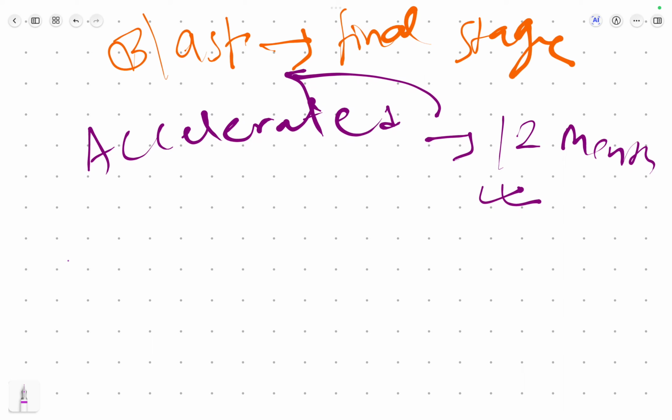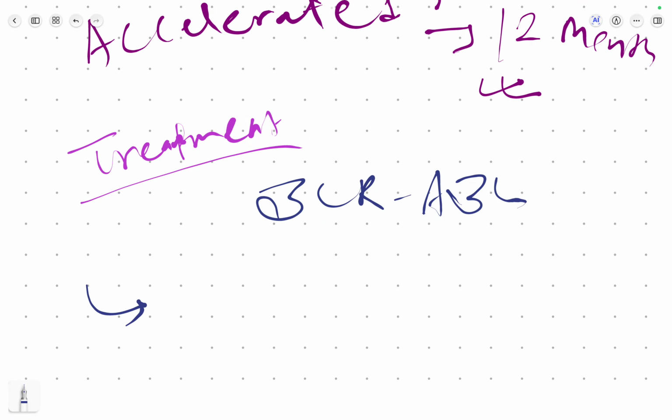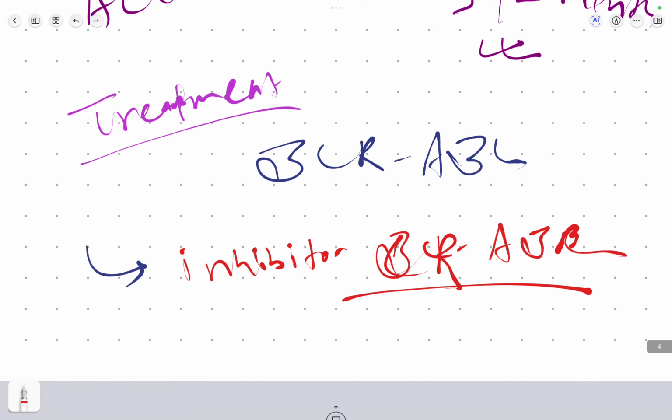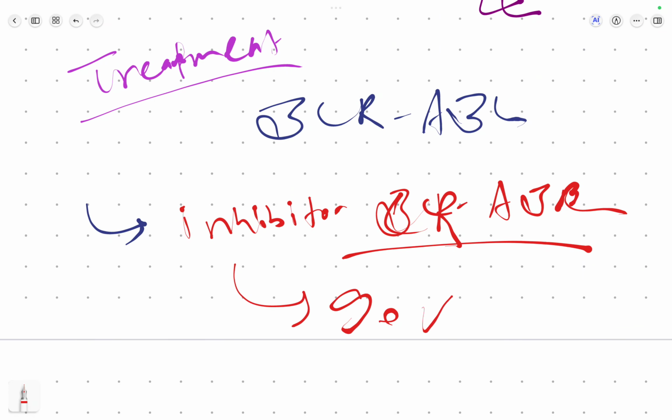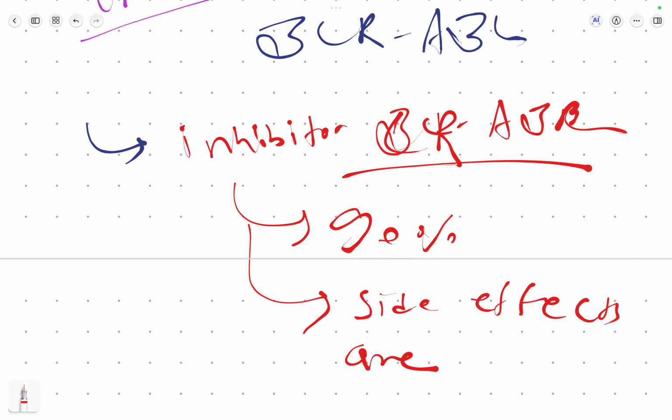Then if you talk about the treatment, now we know that the cause is the BCR-ABL gene. So we give drugs which are inhibitors of BCR-ABL. Around 90% of cases show that the medicine is working, and side effects are very few and tolerable, very minor.